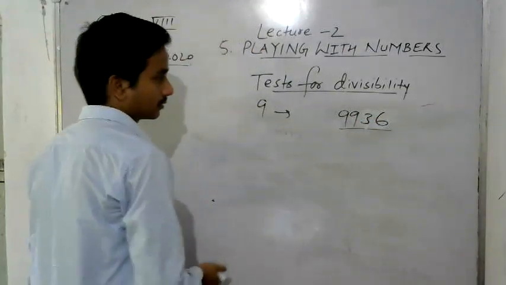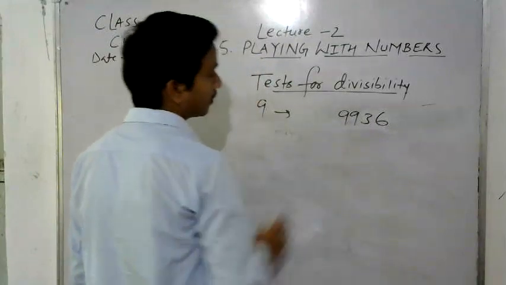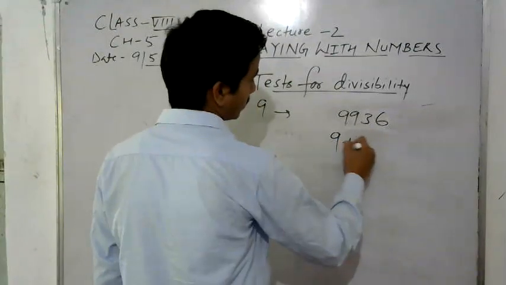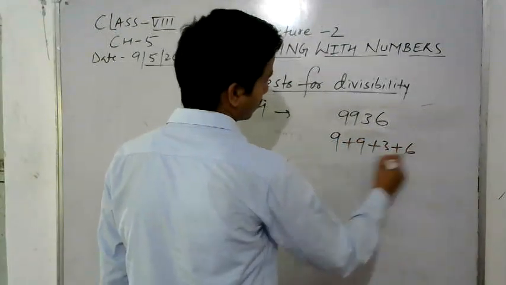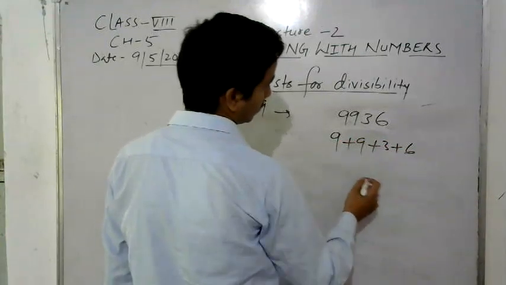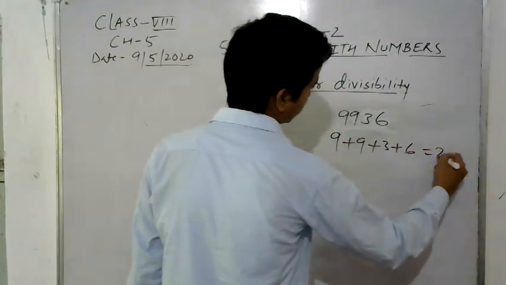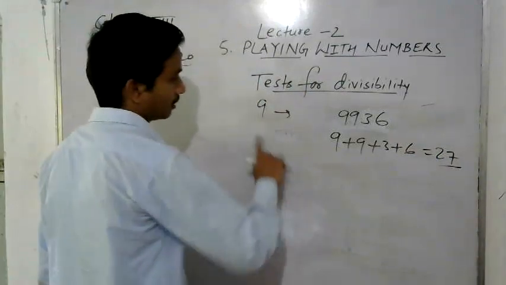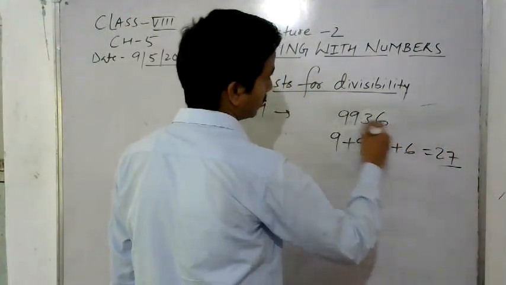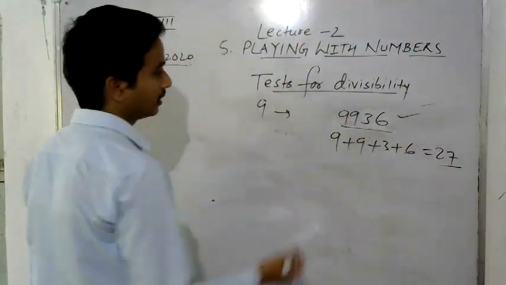Just check the sum of the digits. What is the sum of the digits? 9 plus 9 is 18. 18 plus 9 is 27, plus 6 is 33. Since 27 is divisible by 9, 9 times 3 is 27, therefore this entire number is divisible by 9.